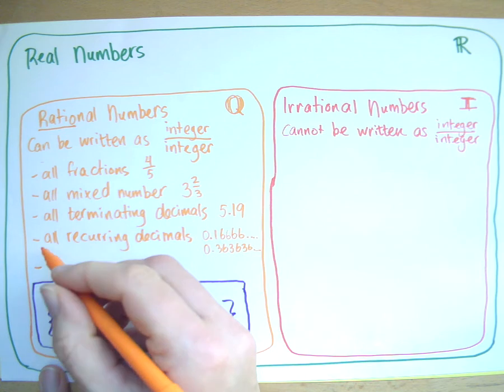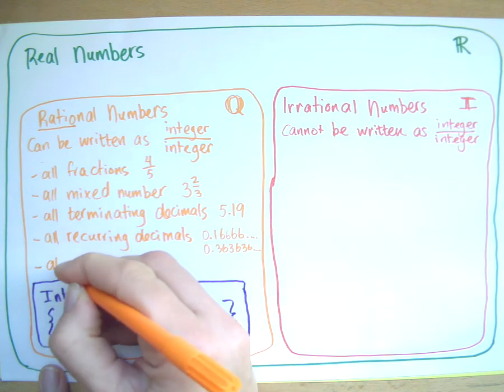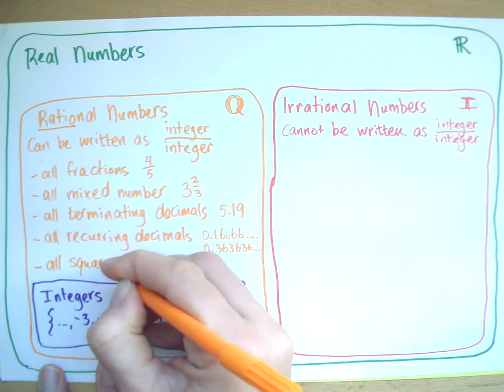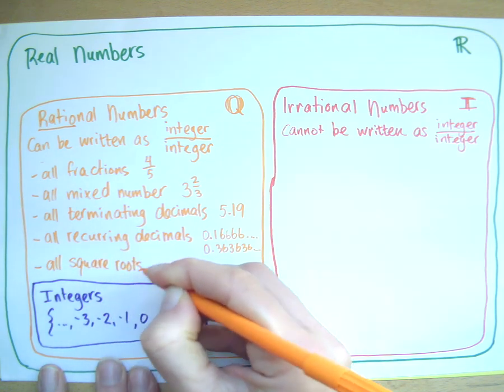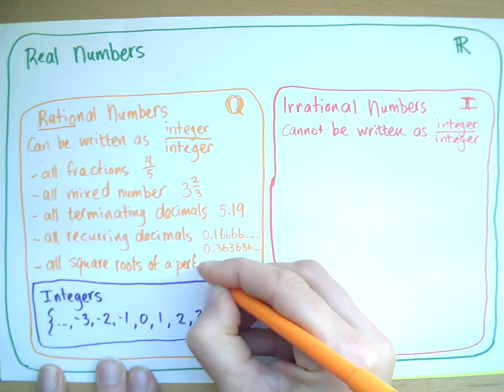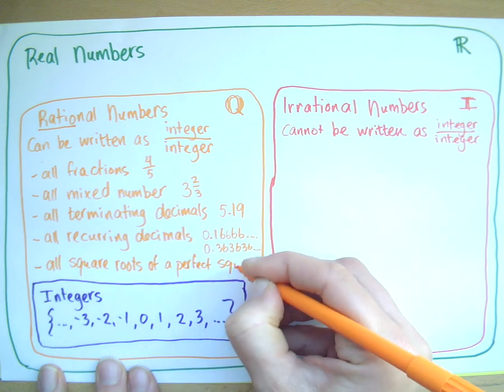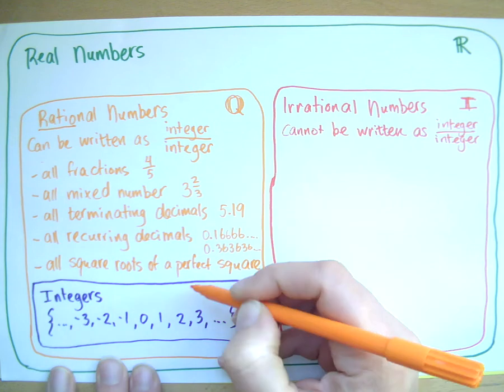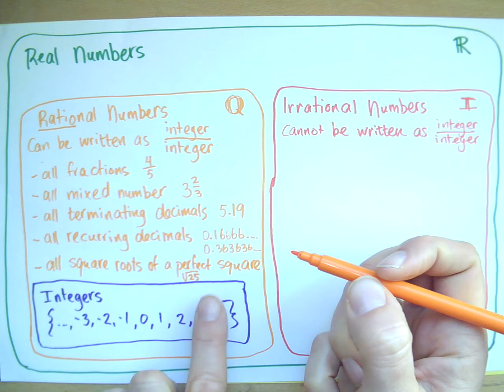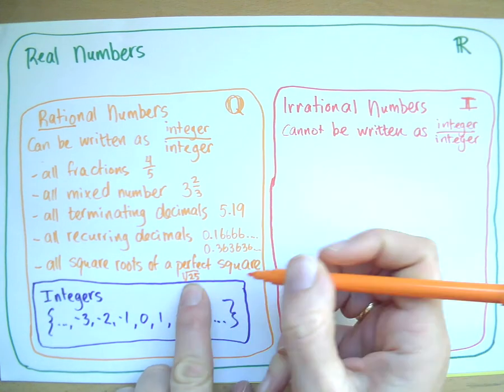Another type of number that is rational are all square roots of a perfect square. So, no more space. So the square root of 25. 25 is a perfect square because square root of 25 is 5.